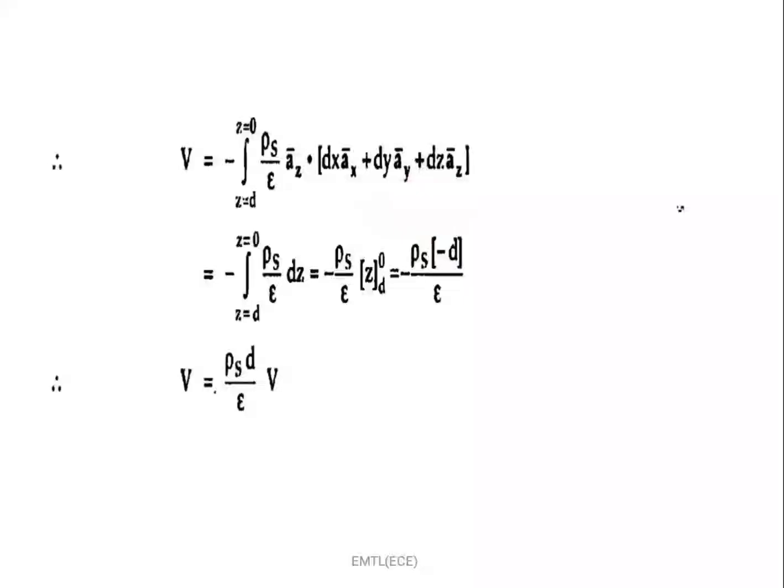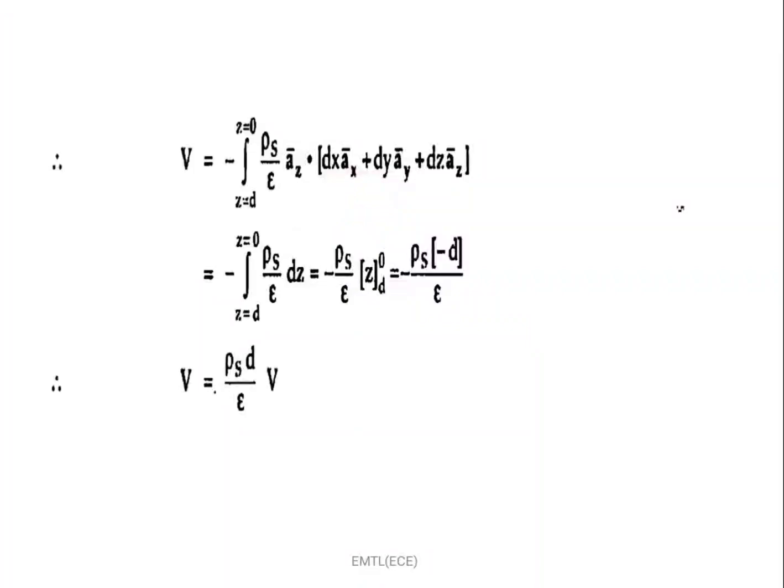Now here, by the dot product of Az with these terms, the dot product of Az with ay and Az with ax are equal to 0 according to vector properties.